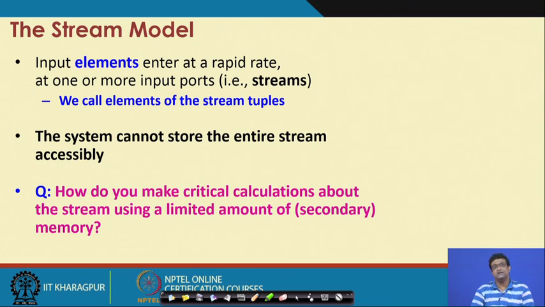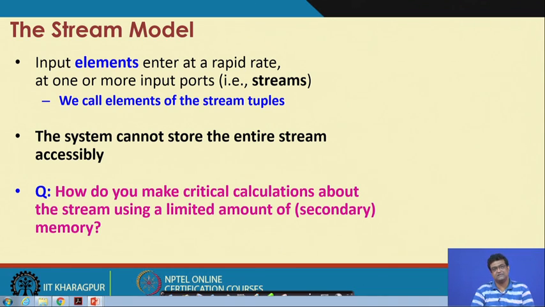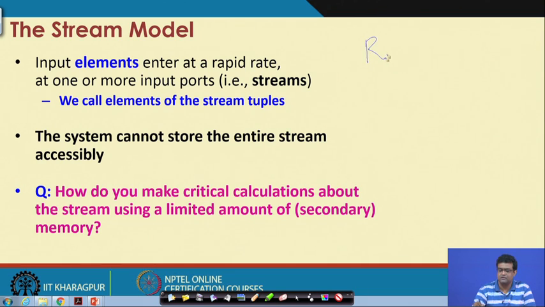This is very different from the existing algorithms. Typically your algorithm will be given a certain data set, and these are sometimes called the random access model.